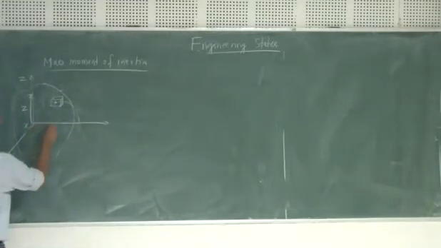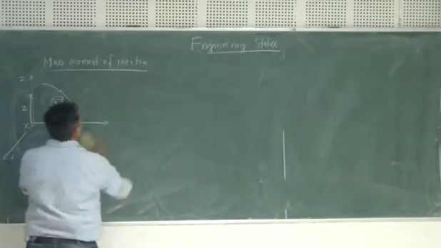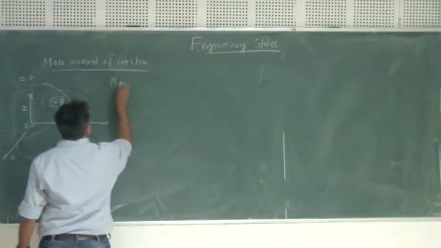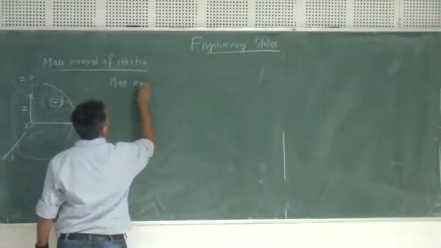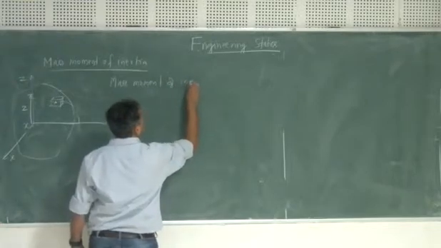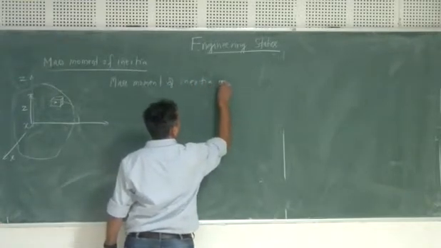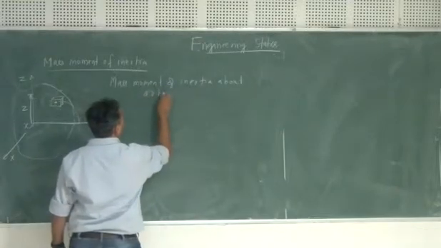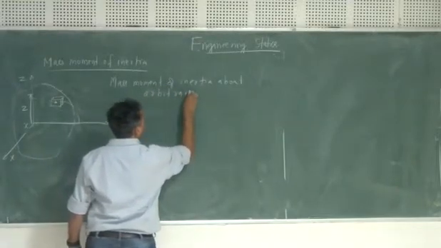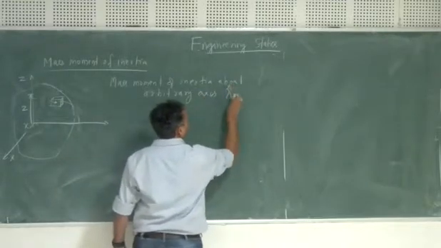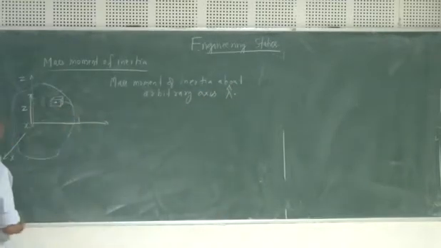So let's say this is your x-axis. Now the second question that is being asked is the mass moment of inertia about an arbitrary axis, which is given by the direction lambda.